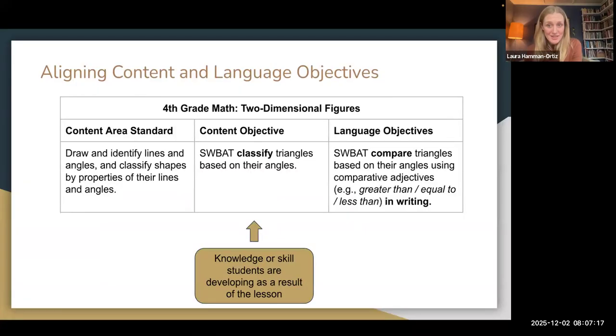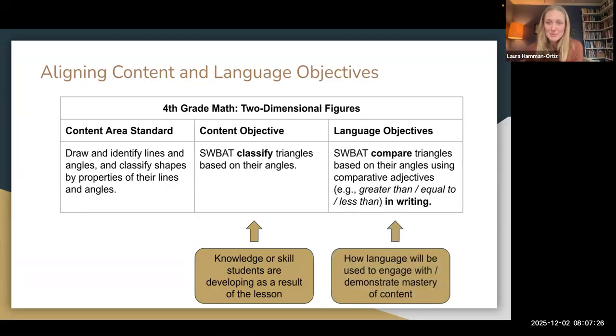What we're doing with language is students should be able to compare triangles based on their angles using comparative adjectives in writing. And so here again, we're getting into the specifics of language. You can see the specific language features we're working on, greater than, equal to, and less than. You can see the function of language: we're going to be comparing so that we can classify, and we're doing this in writing.